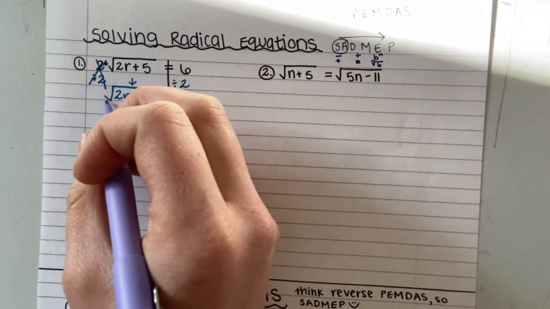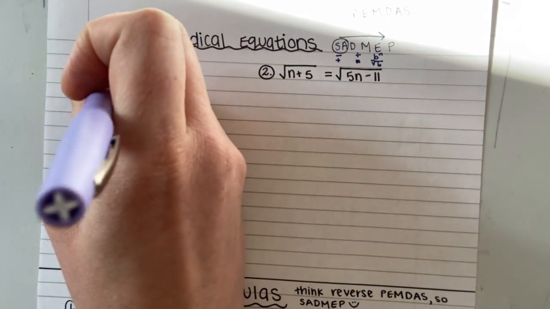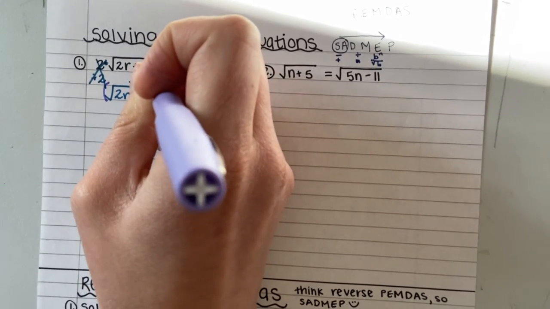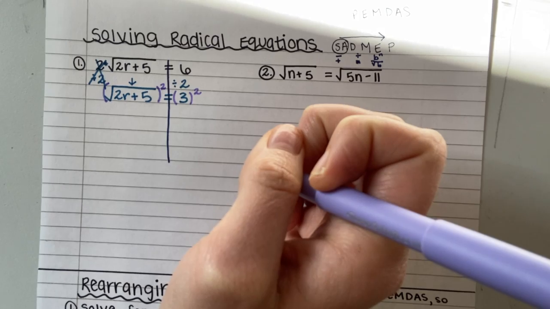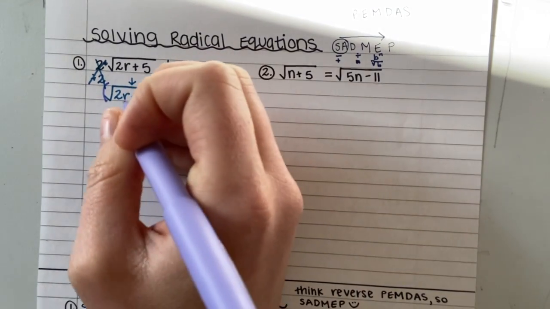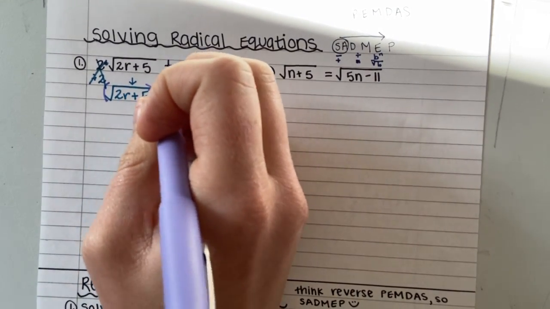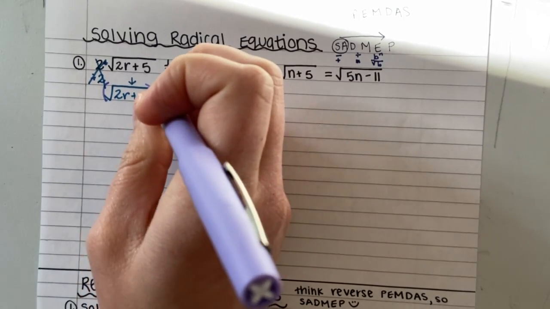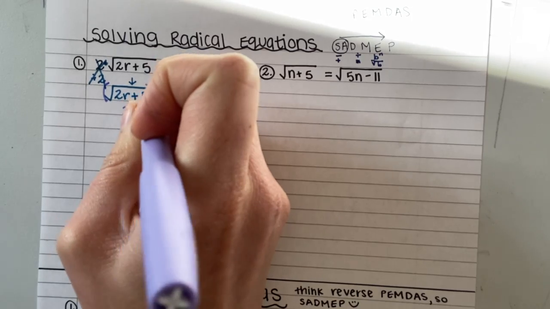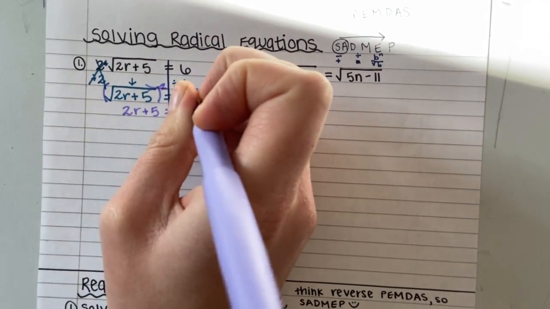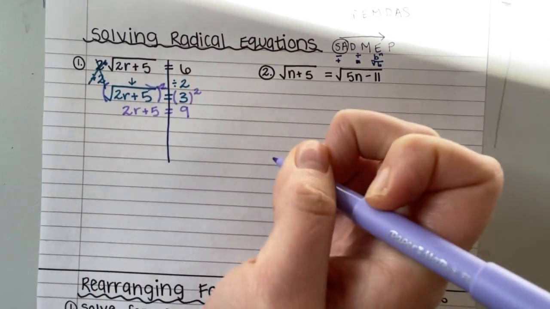In order to get rid of a square root sign, I need to square it. So if I do that to one side, I need to do it to the other. The squared version of a square root just cancels out the sign. So I'm left with what is on the inside. And 3 squared is 9.